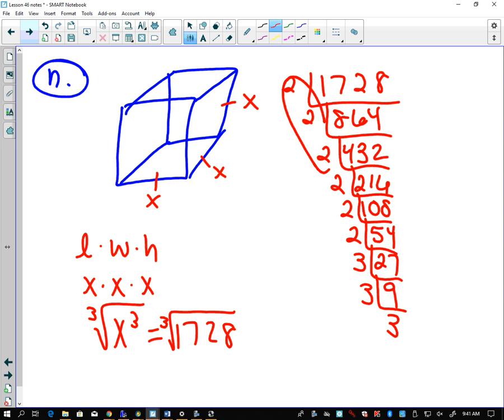All right, so I got 3 2s here. What's next? I got another 2, and then 3. All right, so what that looks like is 2 times what? 2 times 3 times 2. Right? What's 2 times 3? What's 6 times 2? 12. All right, so 12 is the length of a side.